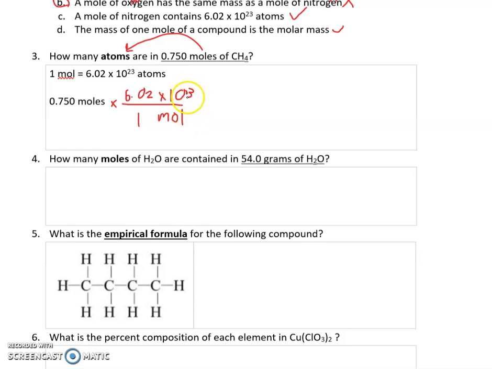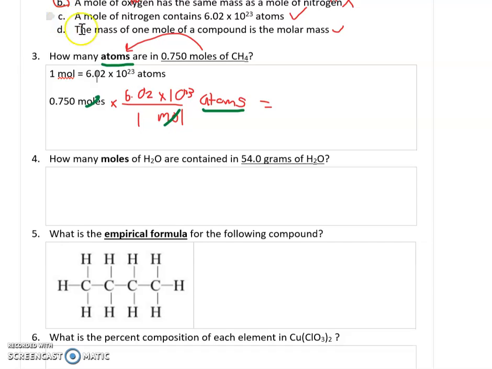Sorry, guys, that says 23rd. Boom. All right. So now I can see that my moles will cancel out, and all that I am left with is atoms, which is what the question was talking about.